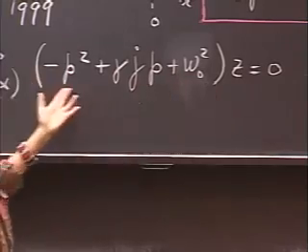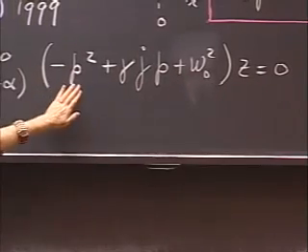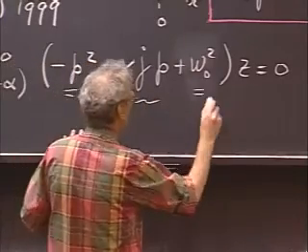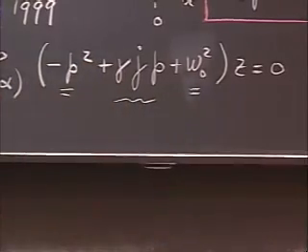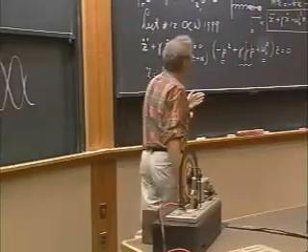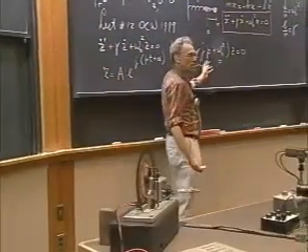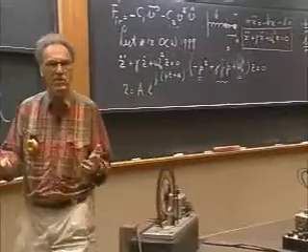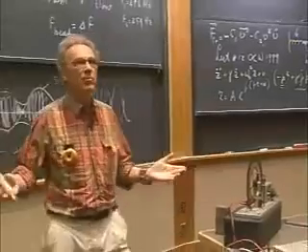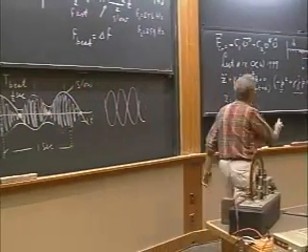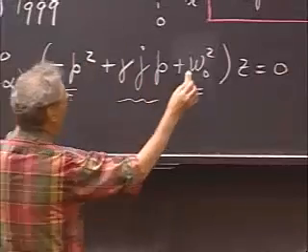If you have an equation which has a real part and an imaginary part, then both must independently be 0, for obvious reasons. These are apples, and these are oranges, and 5 apples minus 5 oranges is never 0 oranges, is never 0 apples. You cannot subtract apples from coconuts. So this has to be 0, and this has to be 0.